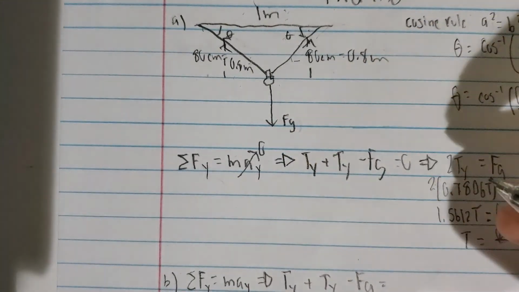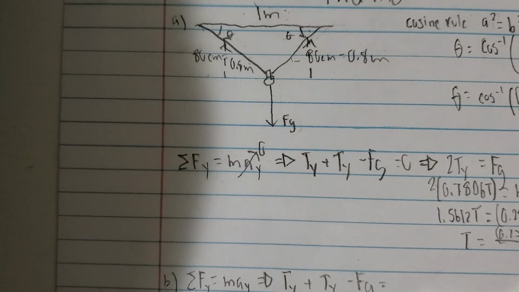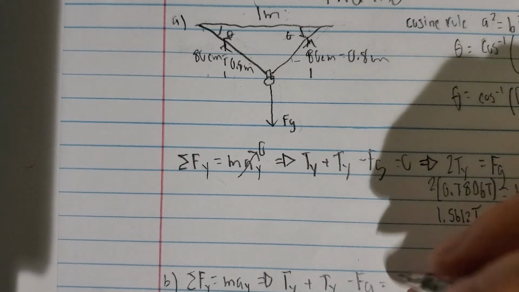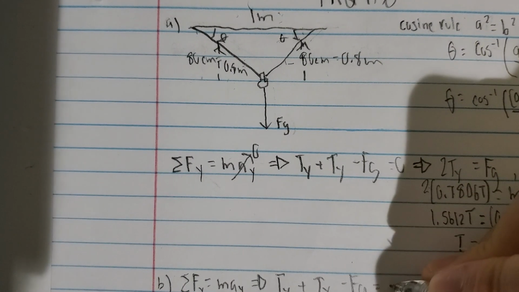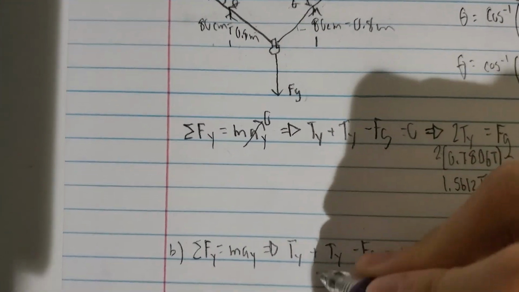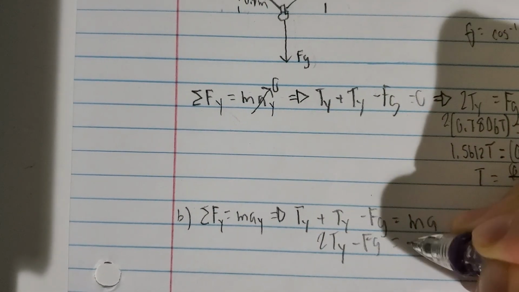We actually have an acceleration. If the elevator is moving at 1 meter per second upward, the light fixture will do the same, so it will also have an acceleration of 1 meter per second squared upward. So ma. So this turns out to be 2 Ty combined minus Fg is equal to ma.